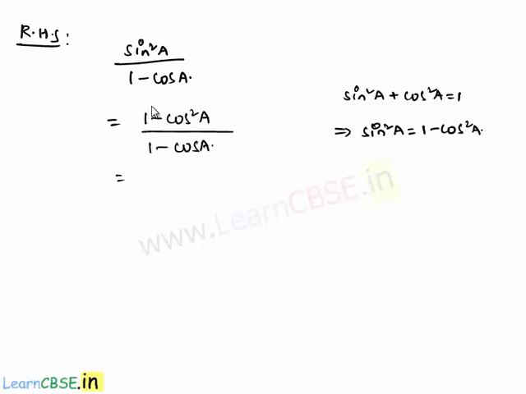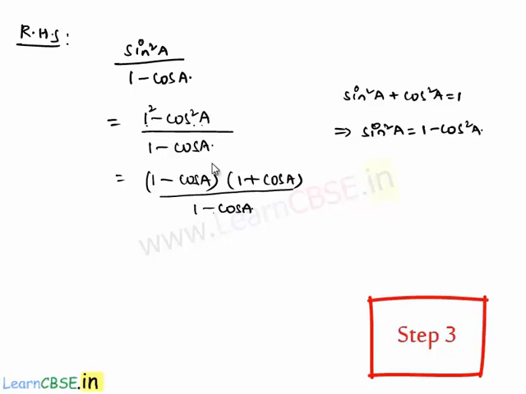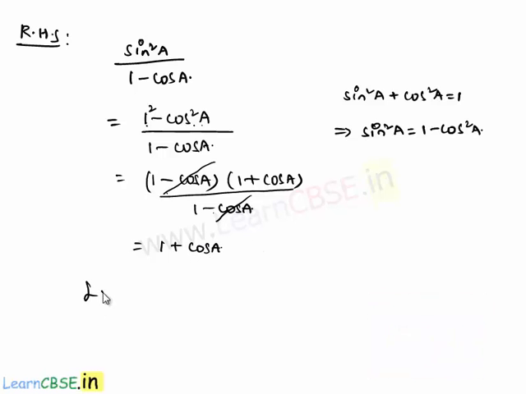that is equal to, here this can be written as 1 square minus cos square A, which is in the form of A square minus B square, that can be written as (A minus B), that is 1 minus cos A, into (A plus B), that is 1 plus cos A, whole divided by 1 minus cos A. Here in the numerator and denominator we have 1 minus cos A as common and that will be cancelled, and finally we are left with 1 plus cos A. So the simplified form of LHS is equal to the simplified form of RHS.